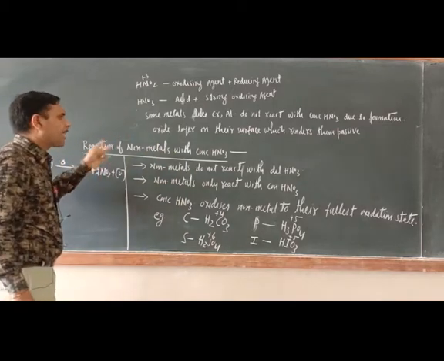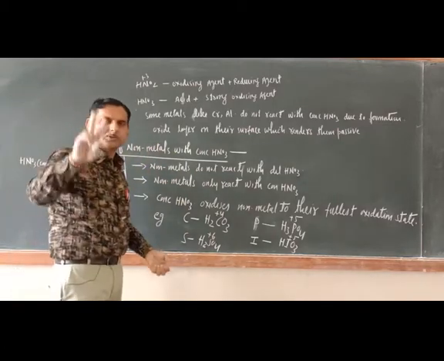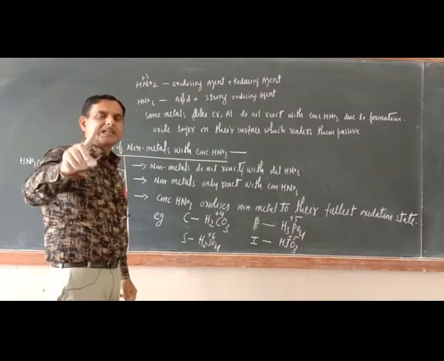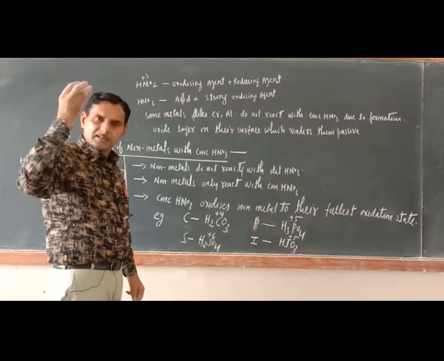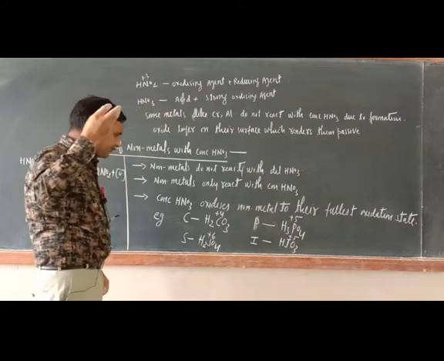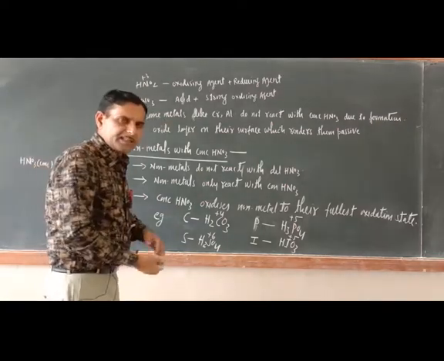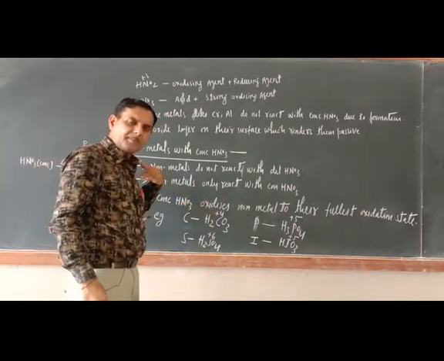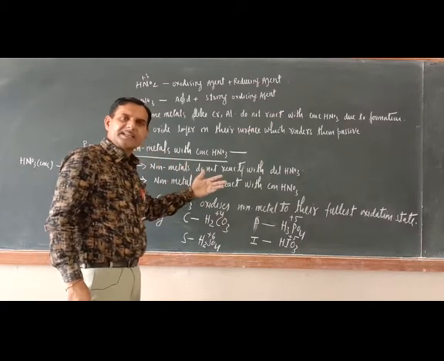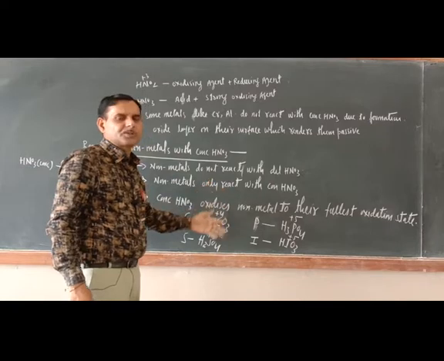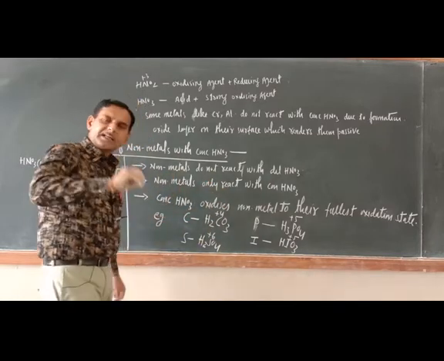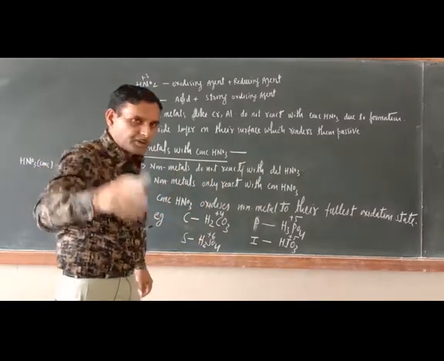Now, reaction of non-metals with concentrate HNO3. Just remember, non-metals like carbon, phosphorus, sulfur, and iodine only react with concentrate HNO3. They do not react with dilute HNO3. The reason is that these non-metals are good oxidizing agents.